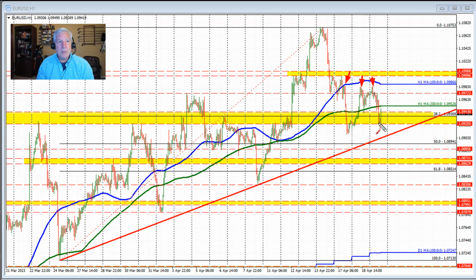On the downside, what we did do in trading today, or are trying to do, is stay below the 200-hour moving average. That's the green line in this chart. Now, again, we've been trading above and below it all through the week so far.